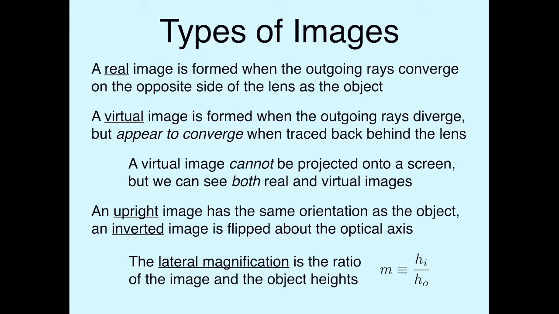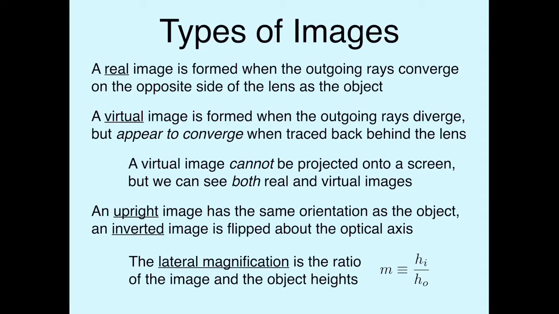One really important difference between a real and a virtual image is that with a real image, you can project that image onto a screen or onto a wall or some surface because rays are actually converging there. You can't project a virtual image onto a screen because there aren't any actual rays converging. However, our eyes are capable of seeing both real and virtual images.